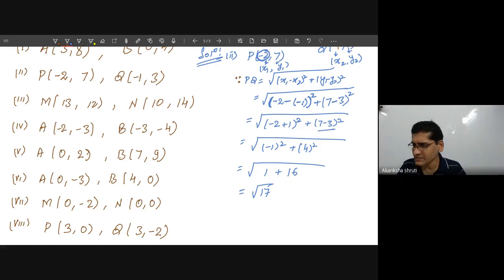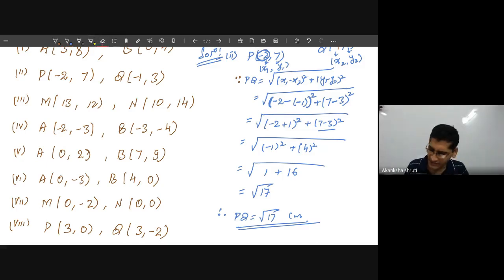This 17 is not a perfect square, therefore this PQ length is under root of 17. If the unit is given, say centimeter or something, that unit can be indicated. If it is not given, then you just write this much unit. Okay, so this is how to calculate.